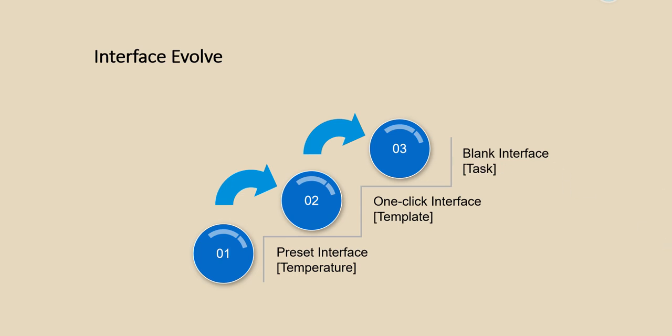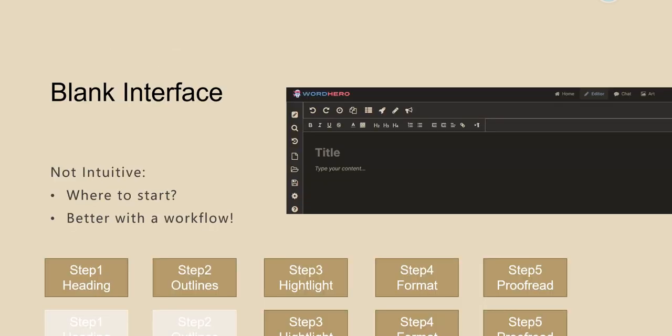And also in the future, I think you can use the blank interface because you have already mastered those, and you have the task in mind, so you can master all the interface. You know where to use those tools, right?